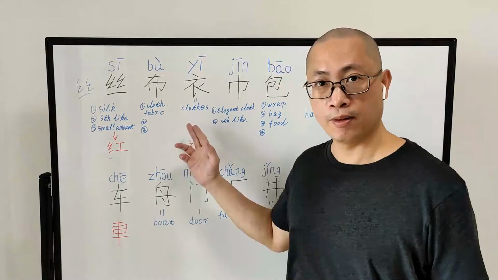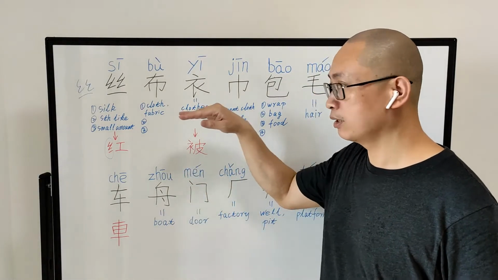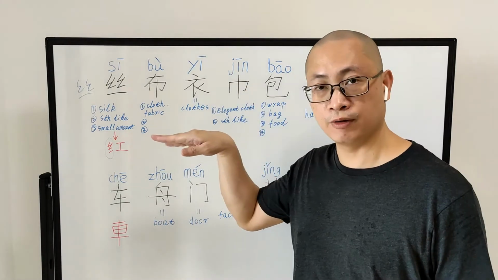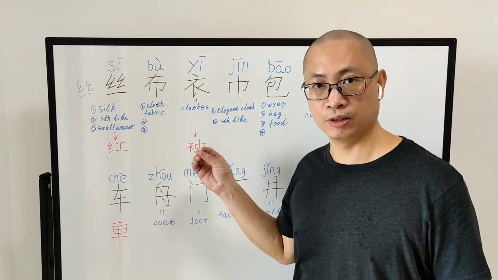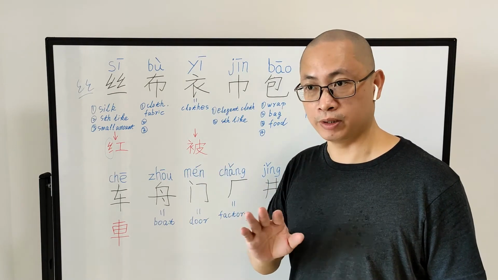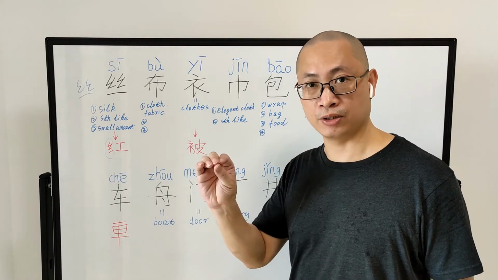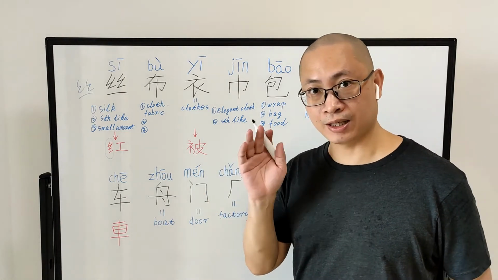That's enough. Third character, 衣, fixed combination, first tone, 衣. Check this character, a little complicated, without order, right? Haphazard. But check this Chinese classical character.